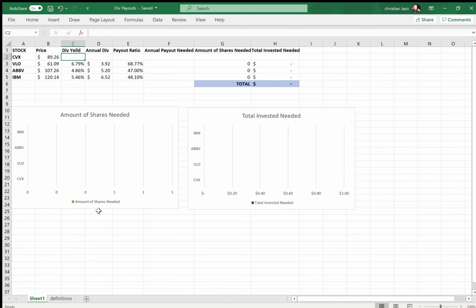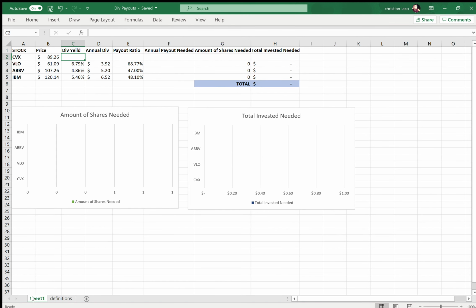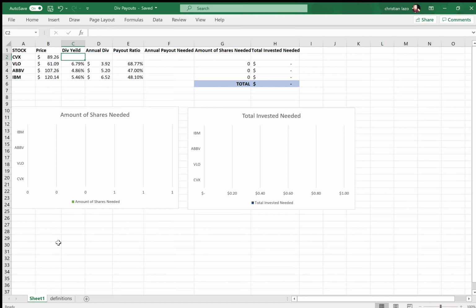89.26, perfect. Just so you guys know, the price is a reflection of a company's value, which means where the company is valued. Pretty much the higher the stock price, the higher the value of the company, and it reflects what the public is willing to pay for a piece of the company. As you know, stocks are traded daily.